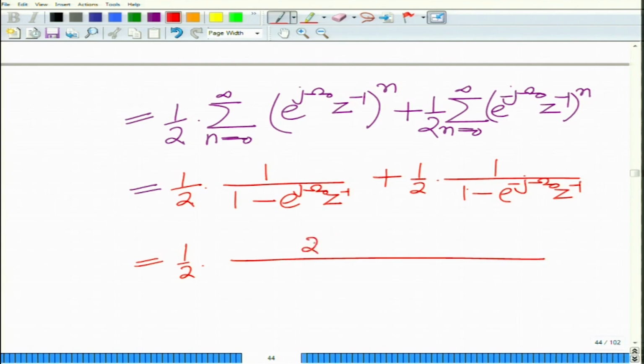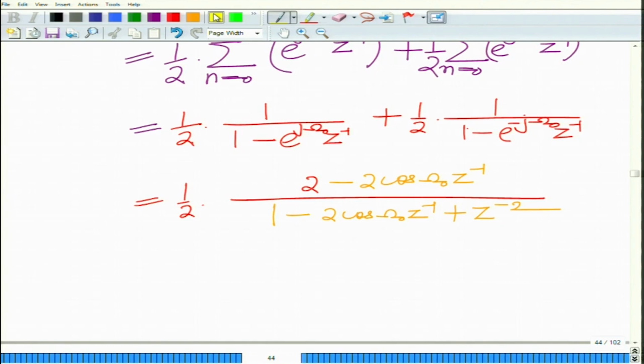So, 1 plus 1 is 2, minus e raised to j omega naught plus e raised to minus j omega naught is 2 cosine omega naught z inverse, divided by 1 minus e raised to j omega naught z inverse into 1 minus e raised to minus j omega naught z inverse, which is 1 minus 2 cosine omega naught z inverse plus e raised to j omega naught into e raised to minus j omega naught is 1, z to the power minus 2, okay.